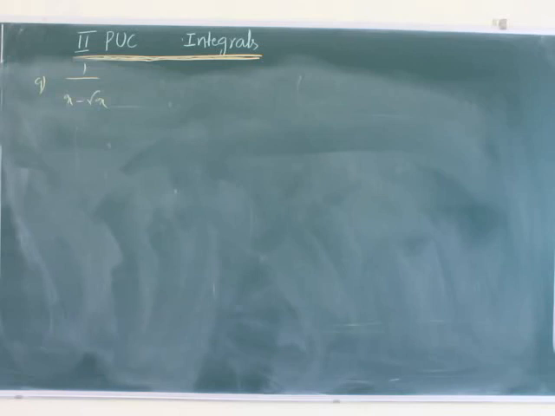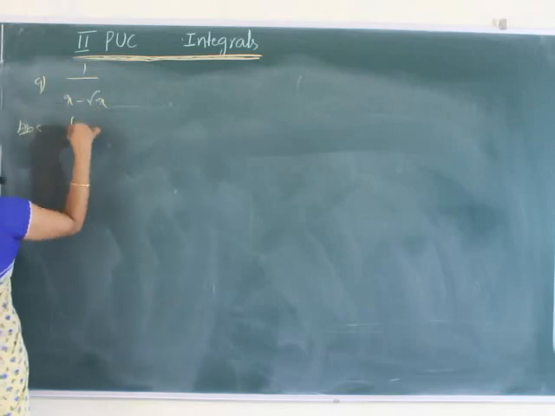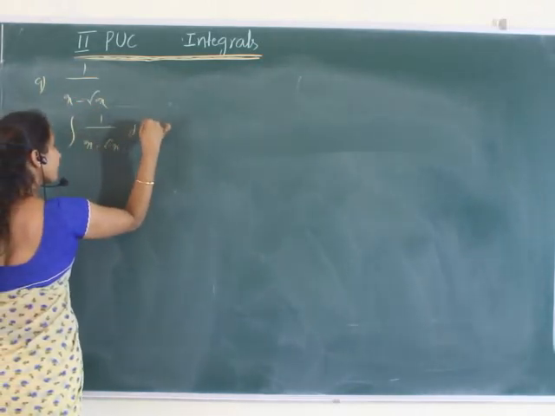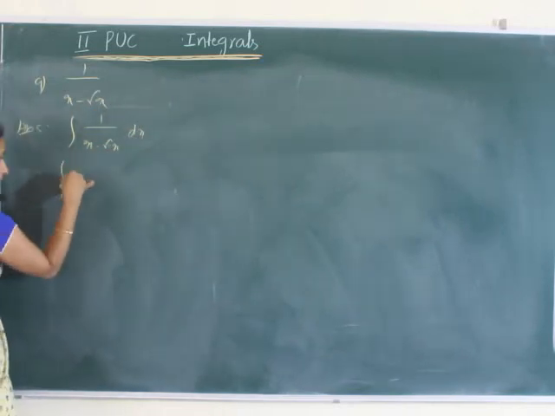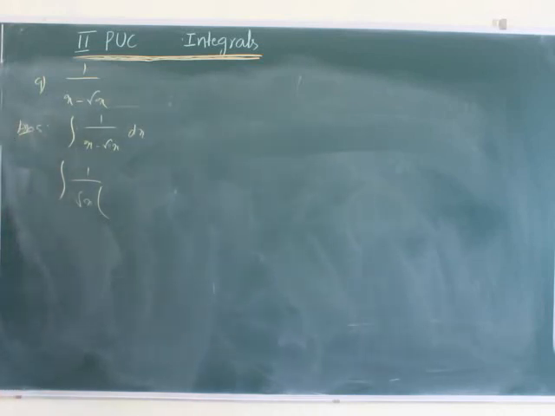So I have to simplify this first by taking √x common in the denominator. X can be written as √x into √x.